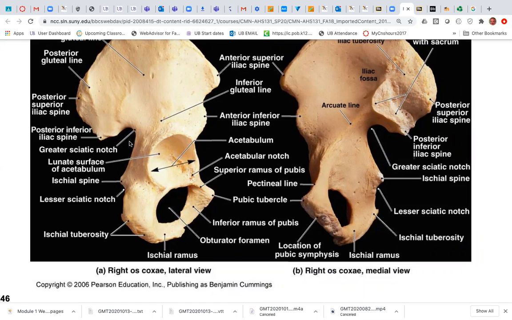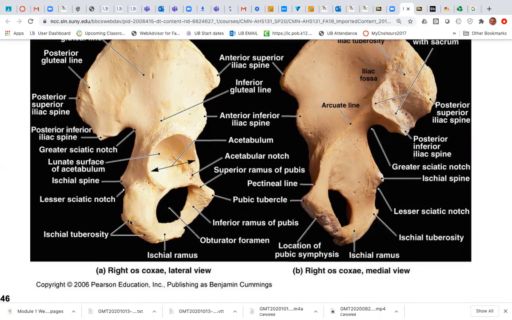The sciatic nerve is going to come down, all the way down, and it's going to go through another notch called the lesser sciatic notch. And there's a structure that separates the greater sciatic notch from the lesser sciatic notch, and that landmark is called the ischial spine.